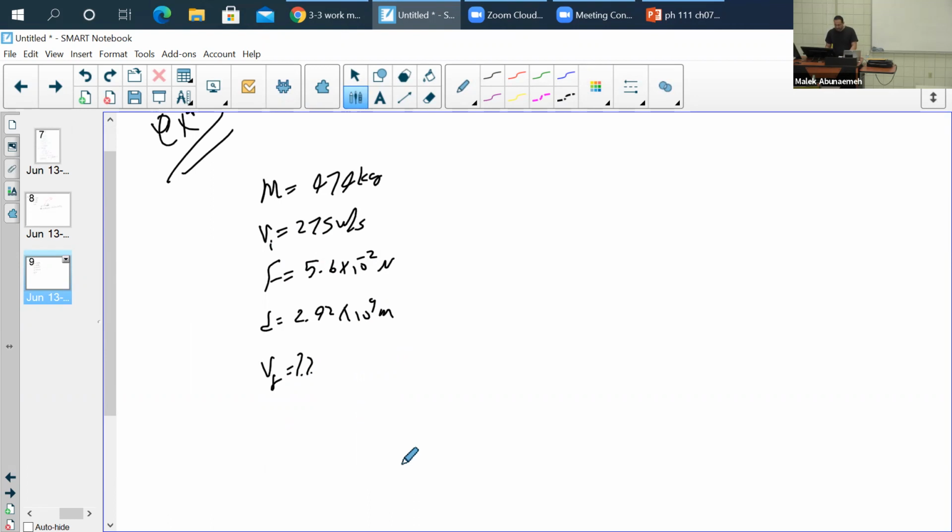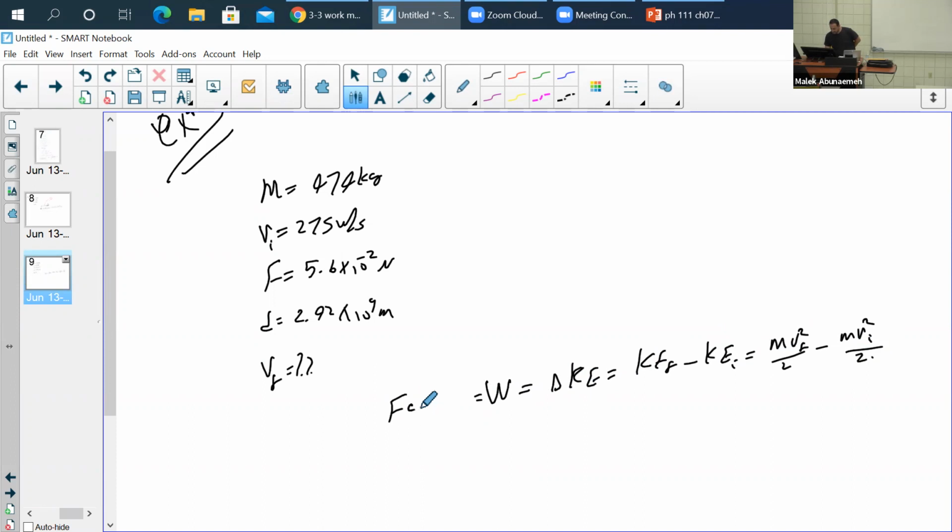Now, we said that when we find your work, we're going to have to use the kinetic energy. So your work is your change in your kinetic energy, which is your kinetic energy final minus your kinetic energy initial, which is your mv squared over 2 final minus your mv squared initial over 2, which is going to equal your F cosine theta multiplied by your distance d.